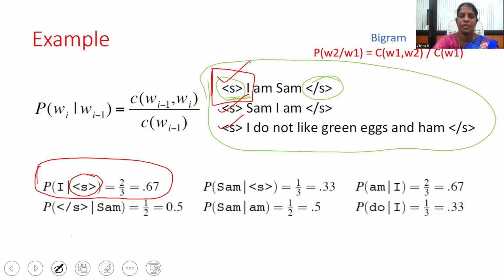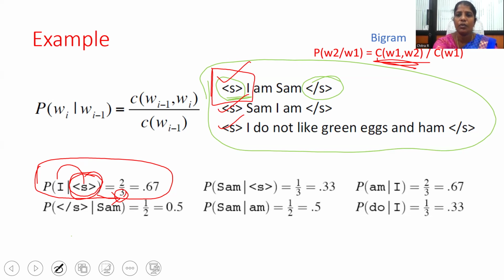These are the end symbols. Give that in the denominator. Take the count of the first word, that is given here. Count of the first word, the starting symbol, is 3.